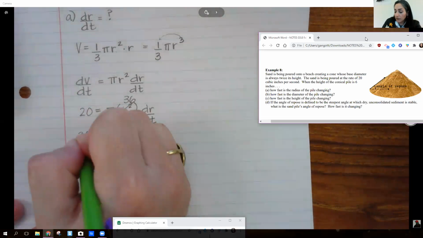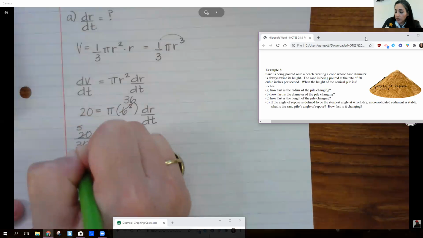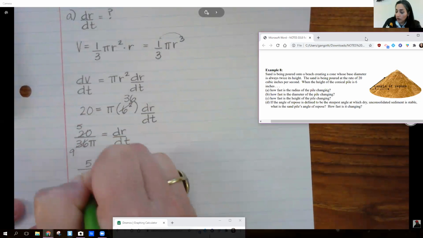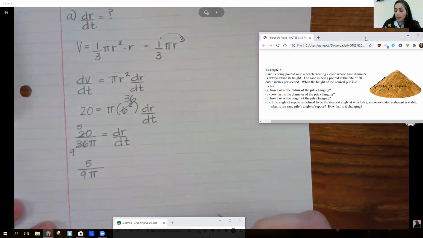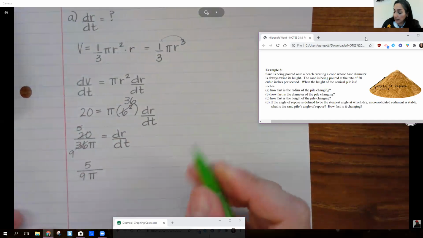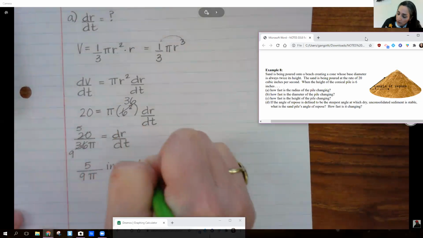So let's see, 4 goes into both of these. 20 divided by 4 is 5, and 36 divided by 4 is 9. So 5 over 9 pi equals dr/dt. Now we need to label this. Our dimensions were inches and seconds, so this will be inches per second.